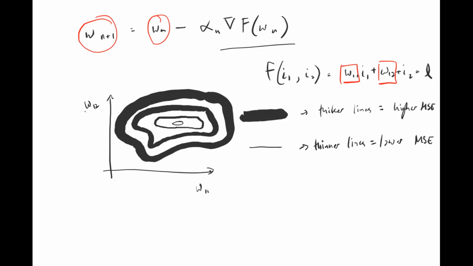You can think of this map as like a cone going down into a valley.